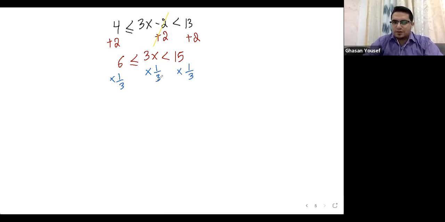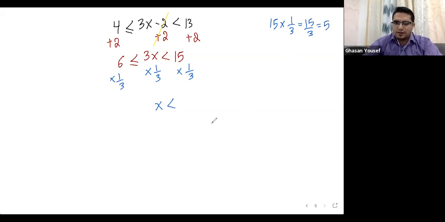The reciprocal is positive, so we don't have to change the symbols of the inequality. You see, it's positive. So here I get x less than 15 over 3. What is 15 times 1 over 3? 15 over 3, and this equals 5.